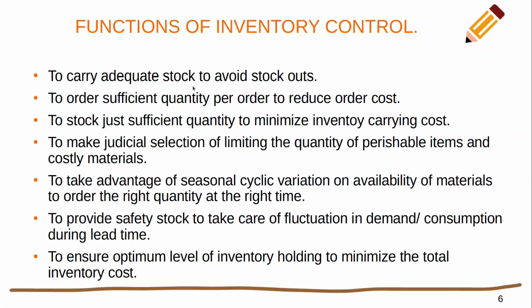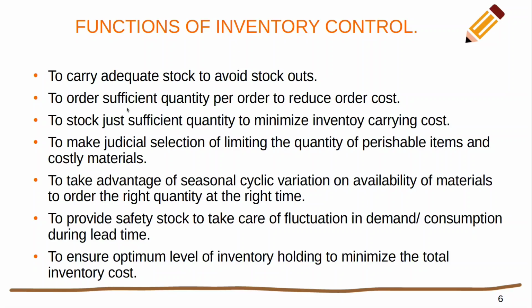To carry adequate stock to avoid stockouts. To carry adequate stock you have to maintain it to avoid stockouts. To order sufficient quantity per order to reduce order cost. How many urinary catheters do you need to order? If you know the demand, you will order at one time so that you will get it for less cost.